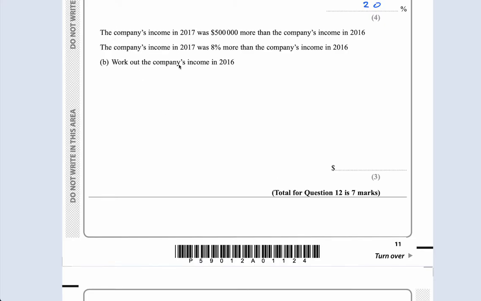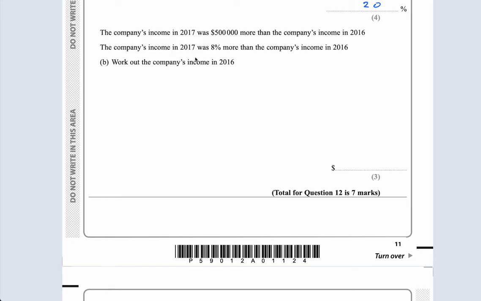Part B. The company's income in 2017 was 500,000 more than the company's income in 2016. The company's income in 2017 was 8% more than the company's income in 2016. Work out the company's income in 2016. Right, that sounds quite confusing actually.